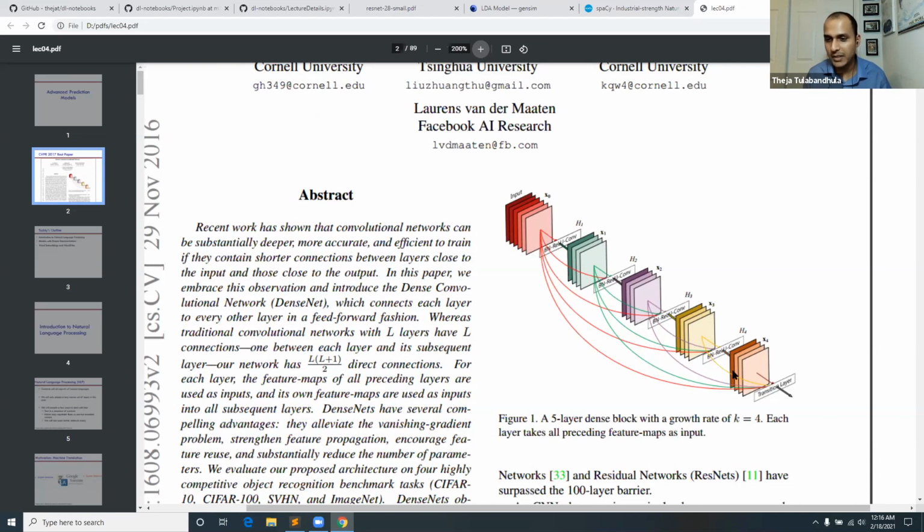So if you go all the way towards the end, let's say the last block here, that block takes as an input not just its previous tensor, but the 2 tensors before, the purple one, 3 tensors before, the green one, and 4 tensors before, the red one. So all those tensors are concatenated or bundled together, and then that whole thing again undergoes a nonlinear layer-wise transformation, and then you get the final, last tensor.